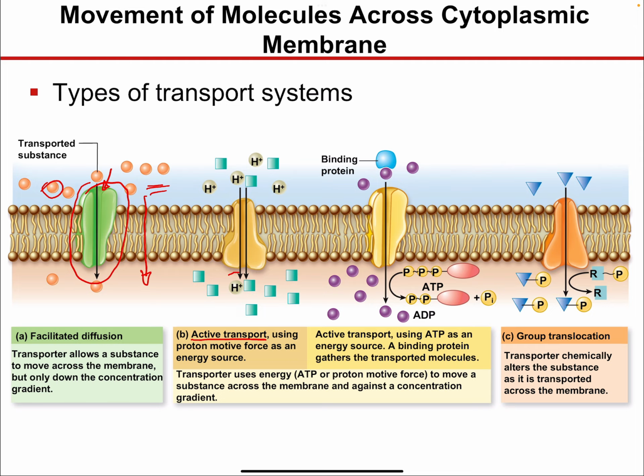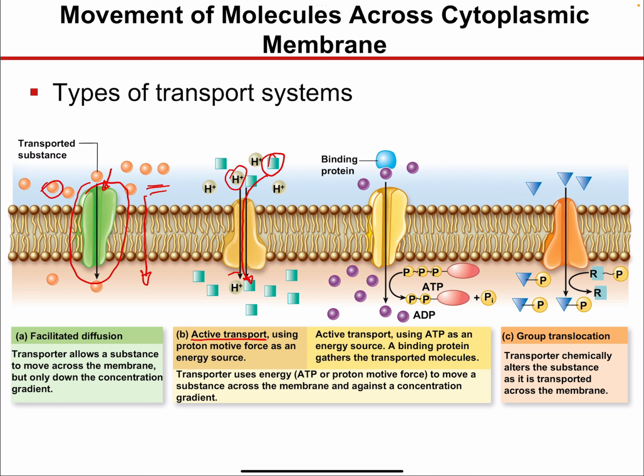In the kind of active transport system that we have here, the movement of a hydrogen ion inside is not going exclusively with the hydrogen ion, it's allowing another molecule in.